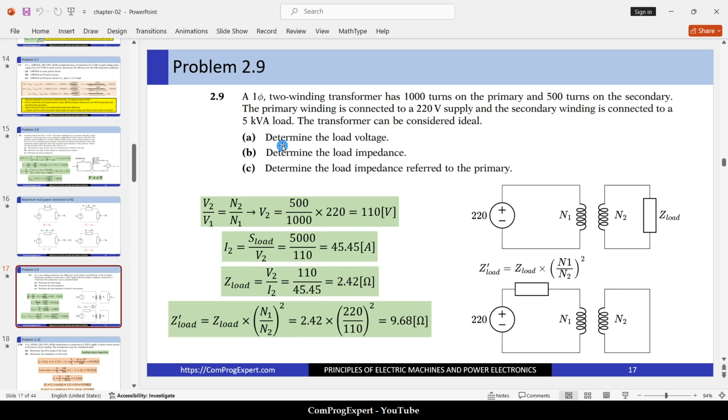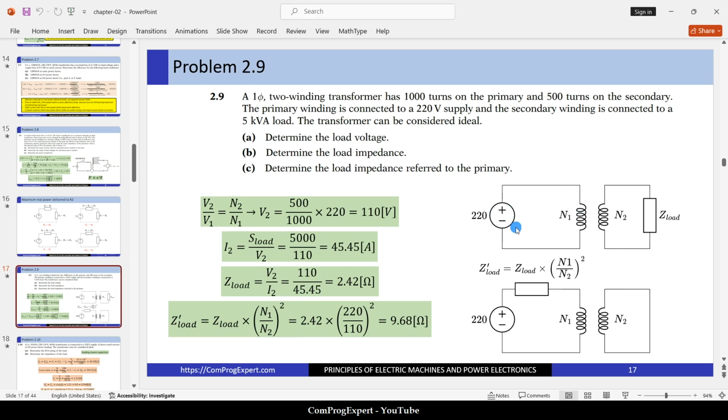A. Determine the load voltage. B. Determine the load impedance. C. Determine the load impedance referred to the primary. So here is the case, the circuit for this problem.